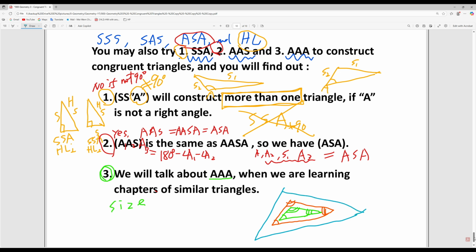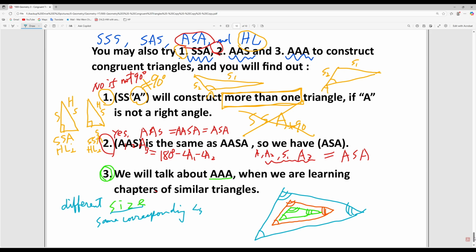Now you probably already realize that with the same corresponding angles, the sides are different, different size.